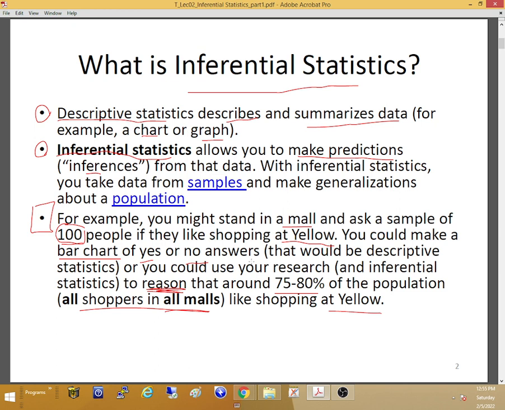Here the inferential statistics specifically use a random sample of data. Random sample of data means maybe it's not possible or not convenient to collect the data from the whole population, like in the case of our COVID spreading model.